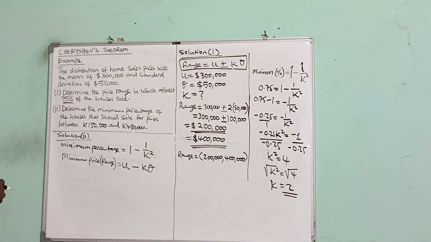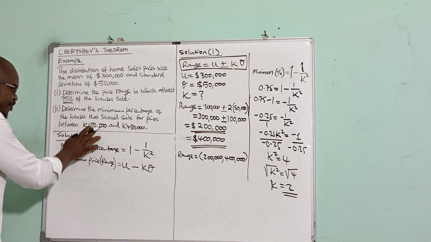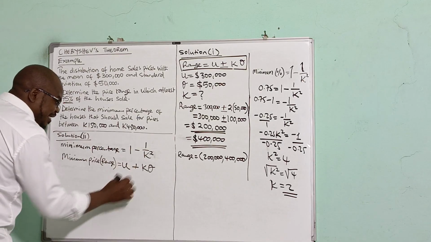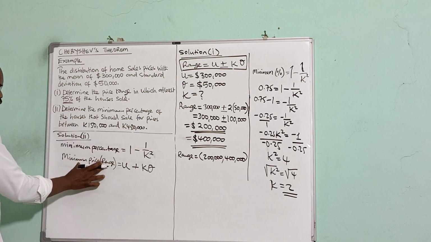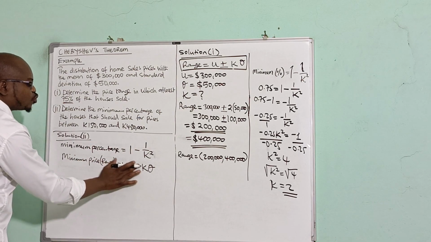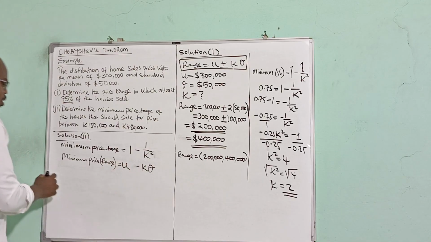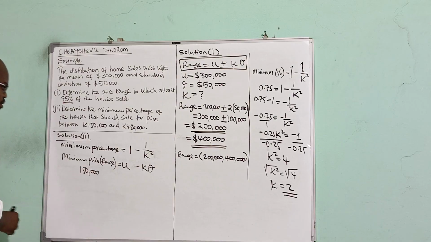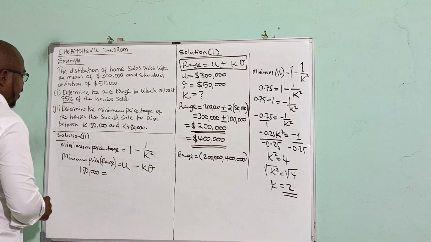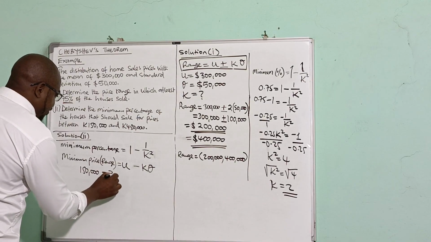Okay? So the minimum price is 150. If I use the plus here, I would say maximum price and bring 450 here, and the answer will still come out the same. So the minimum price is 150, and the mean is 300.